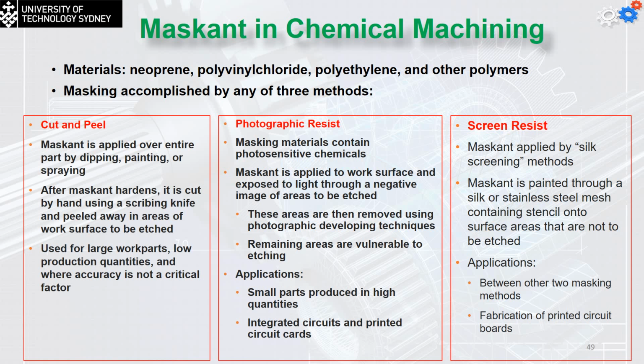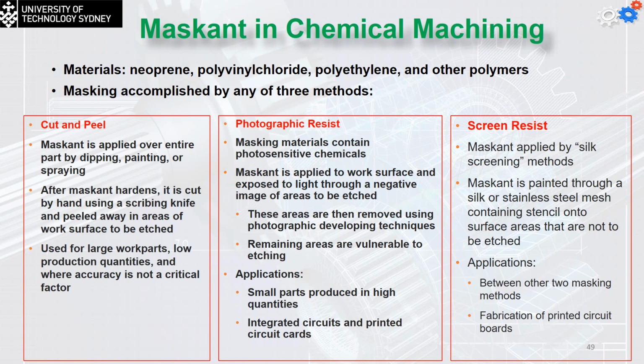Now, to explain this process, the first one is very obvious. You clean the surface, you spray a layer, for example, or you put on the polymer material, then you cut the part you would like to etch and peel this part, put on the etching material, and you have the shape desired. The other one is the photographic resist material. You spray the whole surface, and you expose it to light which has the negative shape.